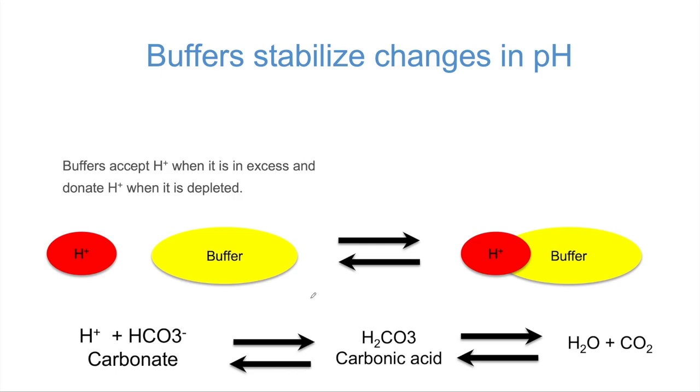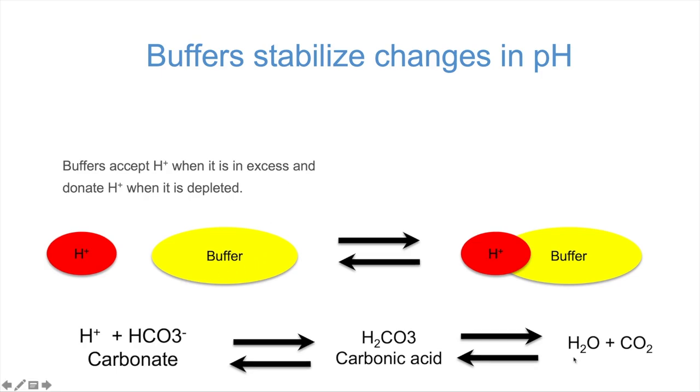So luckily, we have buffers in our bodies that keep the pH of our solutions from changing. And we also use buffers when we prepare solutions in the laboratory to keep the pH constant so it doesn't change, let's say, during a chemical reaction.